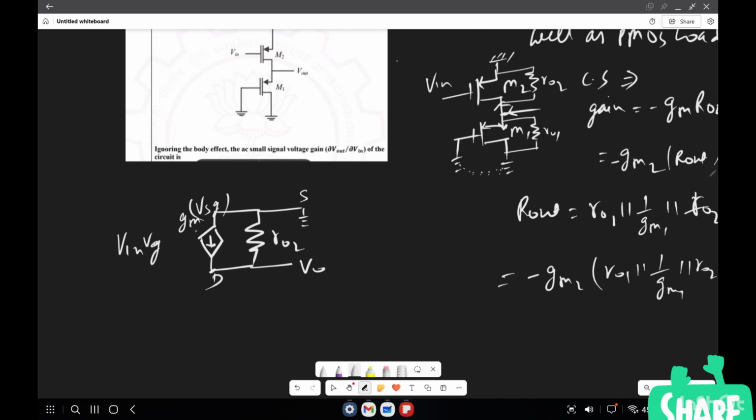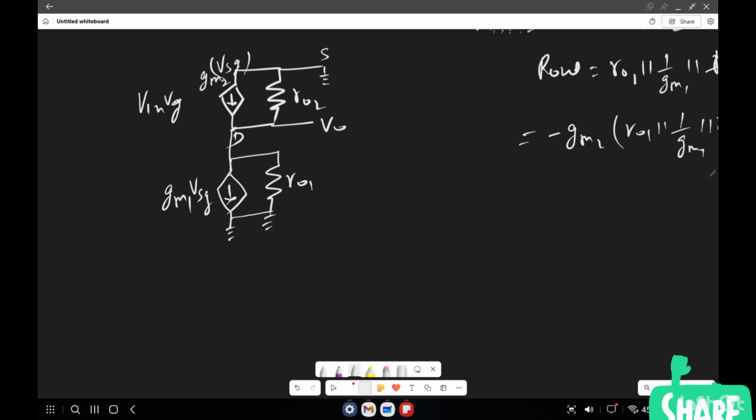In case of NMOS, use VGS; in case of PMOS, use VSG. This is the difference. For the lower MOS as well, we have this gm. This is 2, this is 1. Gm2 VSG, and this is grounded, and ro1.